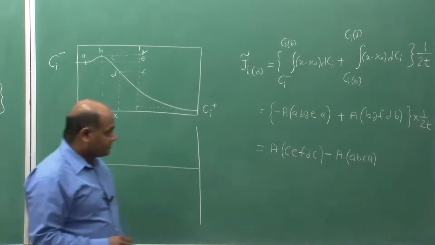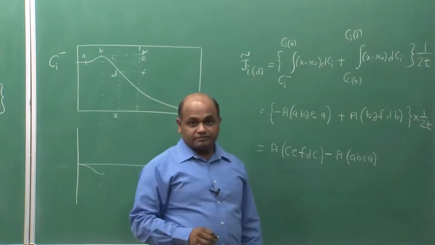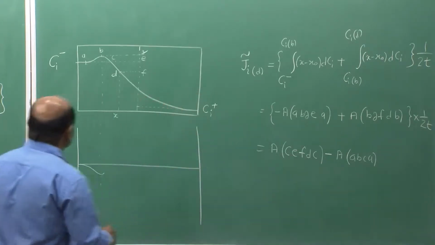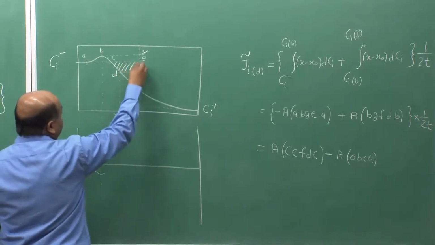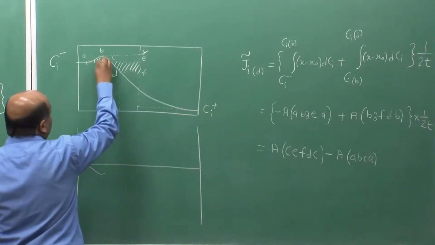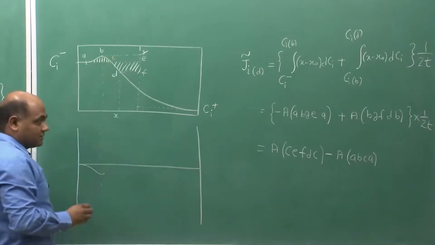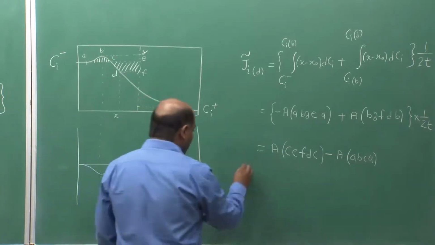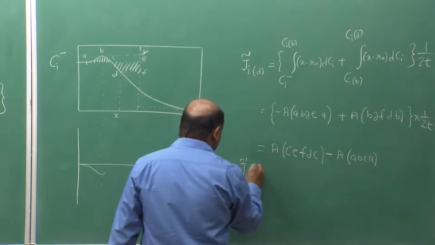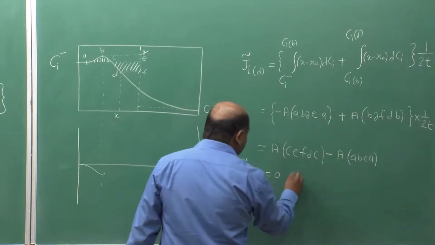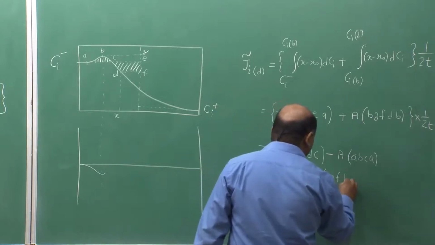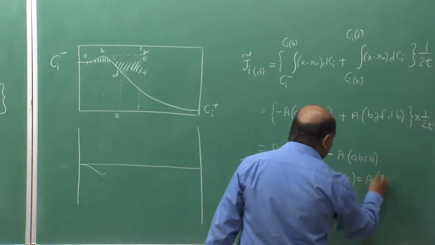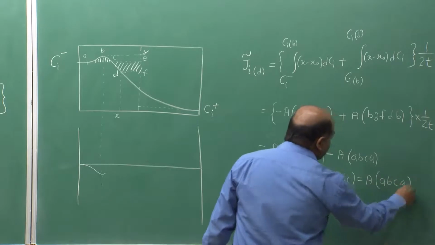Now, what if the two areas are equal? So, this area is equal to this area. Then obviously the flux at point D here would be 0 if area CEFDC equals area ABCA.